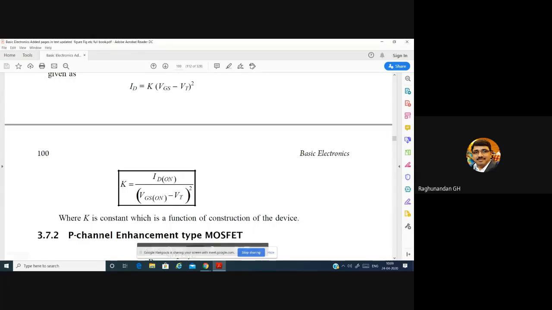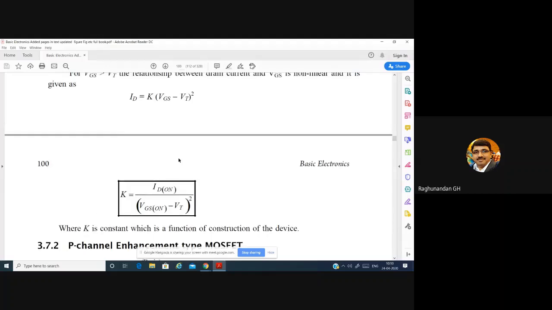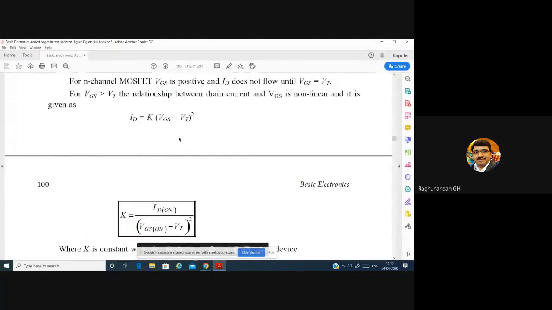So ID, VGS, and VT, all these values will be given by the designer or the manufacturer of this particular component. So these two formulas you need to remember. If they ask you the drain current, then you should be able to find out the drain current of E MOSFET using these two formulas.